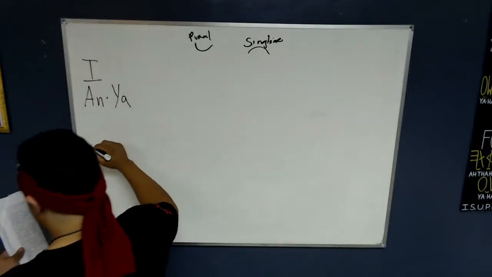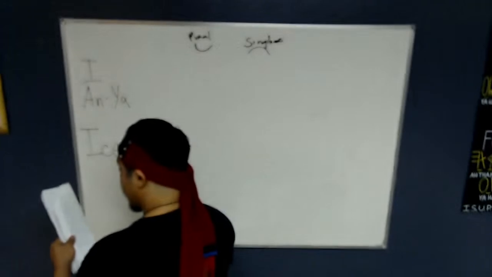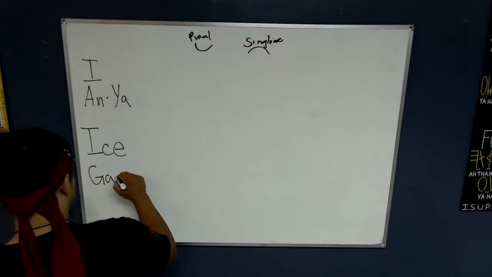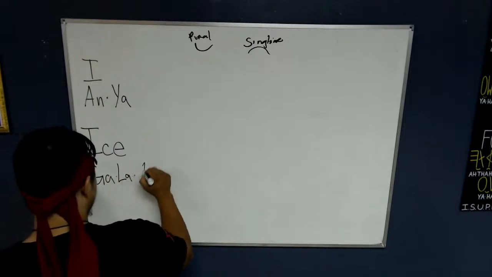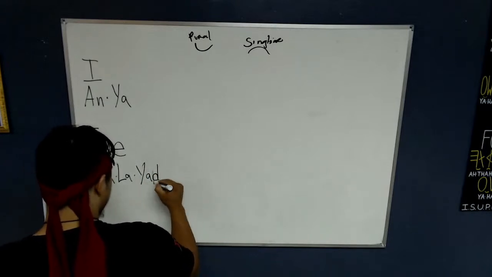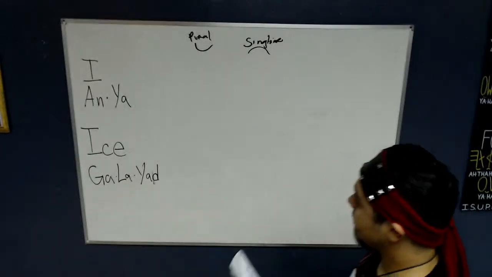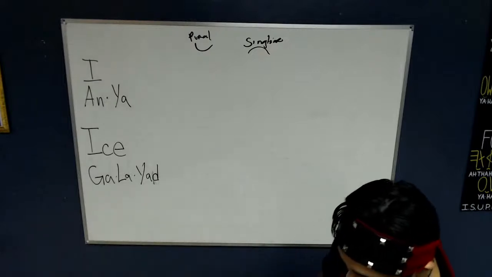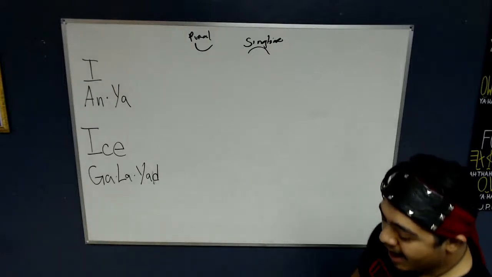Then we got ice, right? We got ice. That's like yad. Ga, la, yad. Ga la yad, right? Ga la yad. And we got icon.